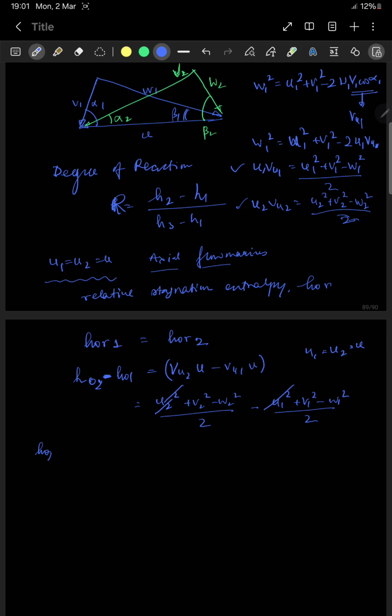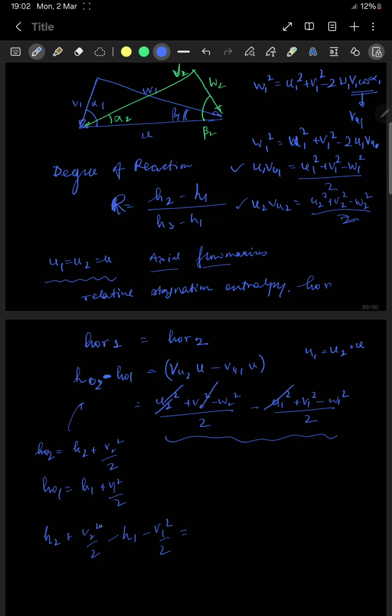And h02 is equal to h2 plus V2 square by 2, and h01 equals h1 plus V1 square by 2. So if we substitute this over here, we have h2 plus V2 square by 2 minus h1 minus V1 square by 2 is equal to this whole thing. The V2 terms cancel out, and minus V1 and minus V1 also cancel out.